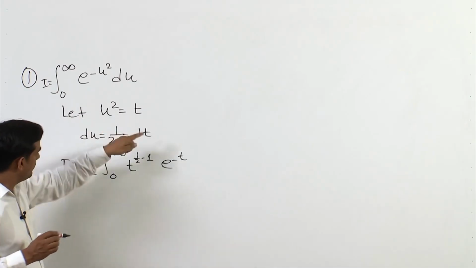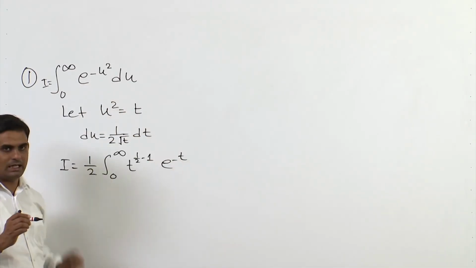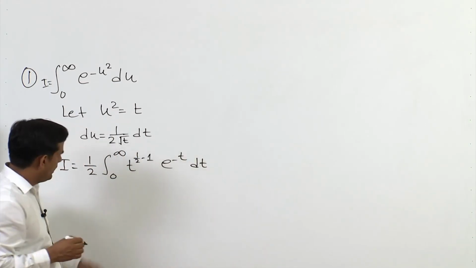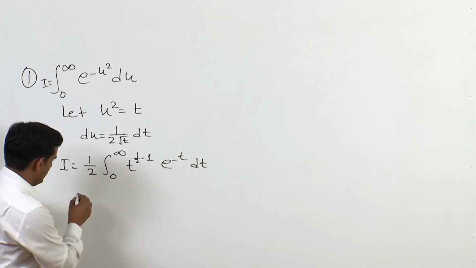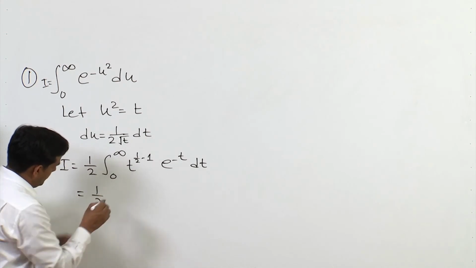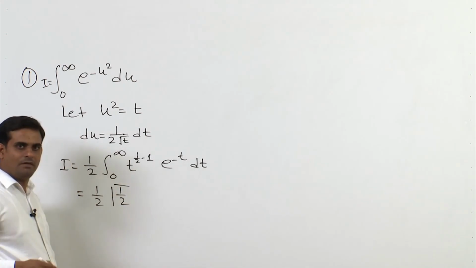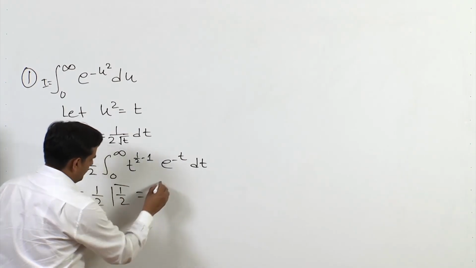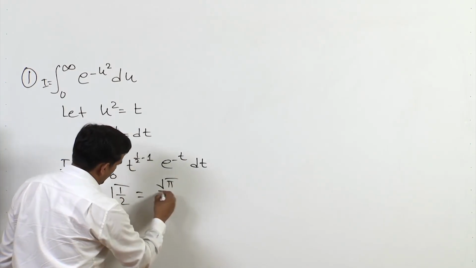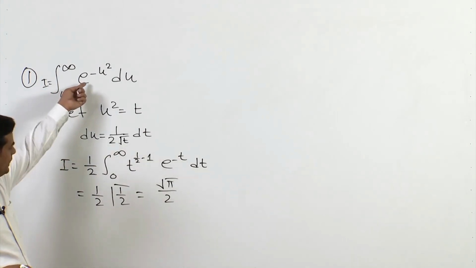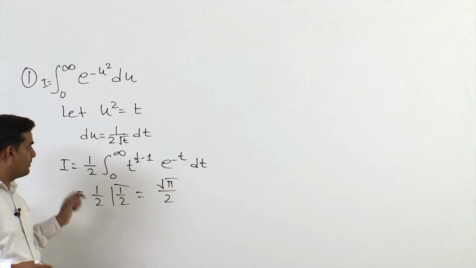So, now in place of u square I have written t dt. If you see this definition, this is gamma half by the definition of gamma function. So, this will be root pi upon 2. So, this particular integral is root pi upon 2.